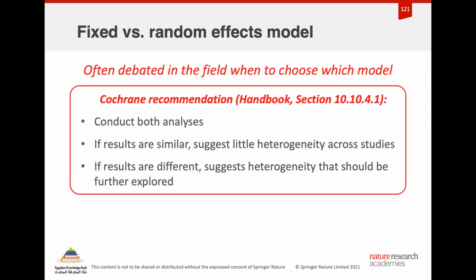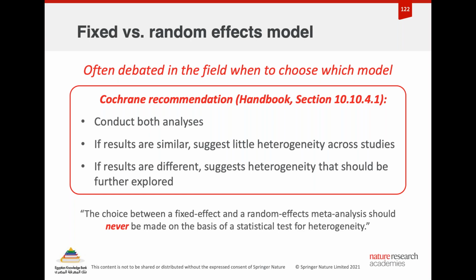You can still report the other one, but you definitely need to report the random effects model. And you should try to explore the heterogeneity going forward. And they do specify that the choice between a fixed effect and random effects meta-analysis should never be made on the statistical test for heterogeneity.